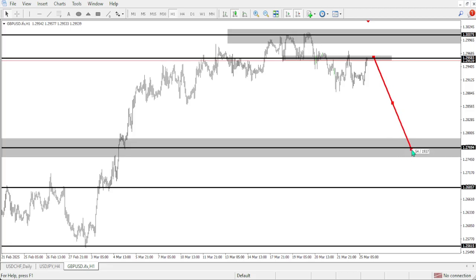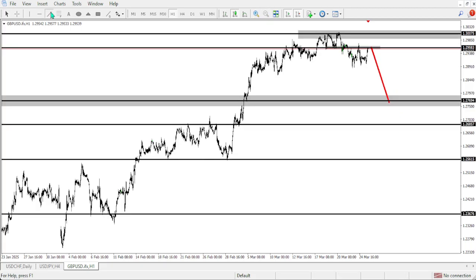Either it finds this zone and starts buying at that zone, or it comes to this one, because we're expecting buys from that zone or above that zone.